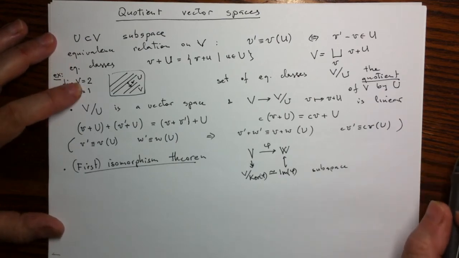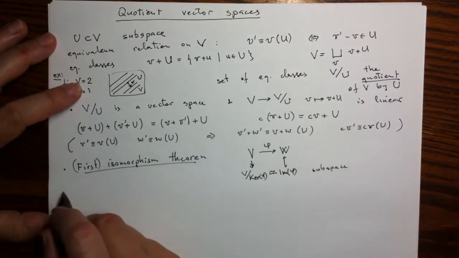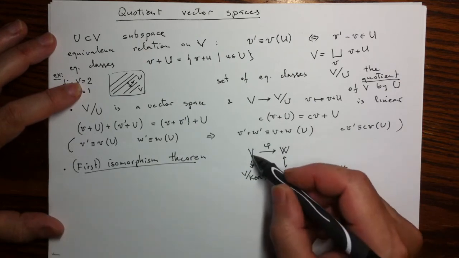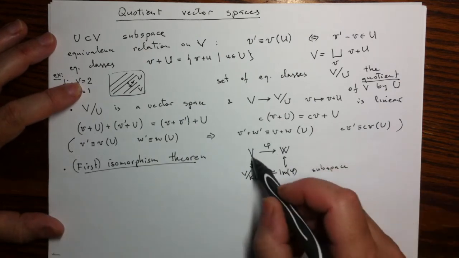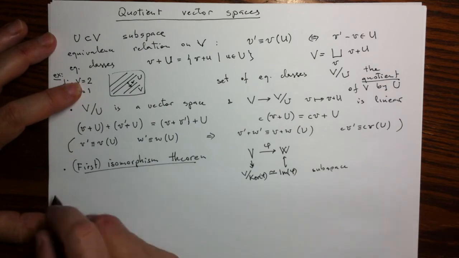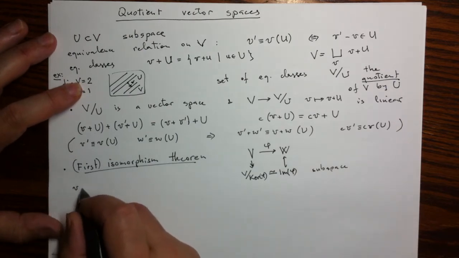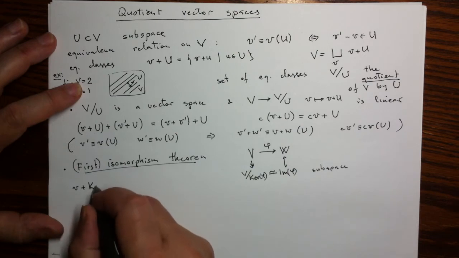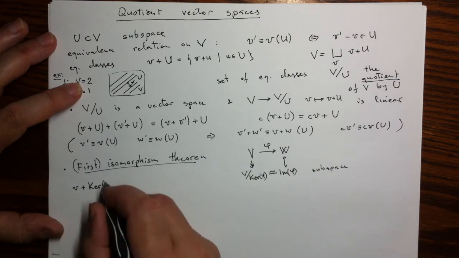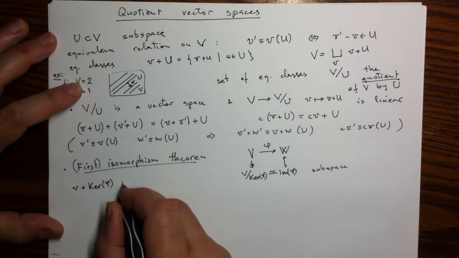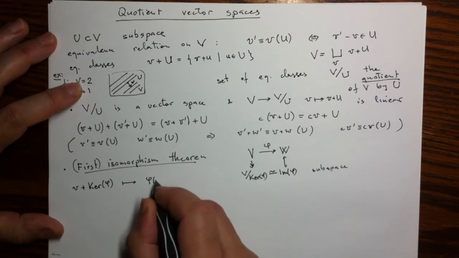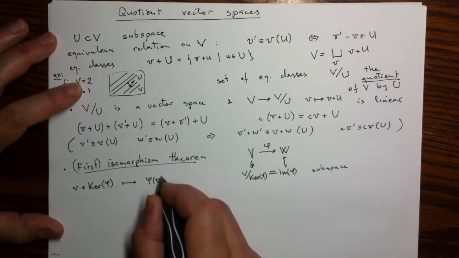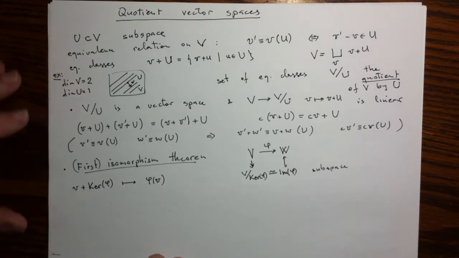And this isomorphism works as follows. Again, if you look at the picture, the composition is supposed to match with the original map phi, so there is no freedom but to take an element in here, which is this coset, this subset of V, and map it into the value of the linear map phi on any representative.